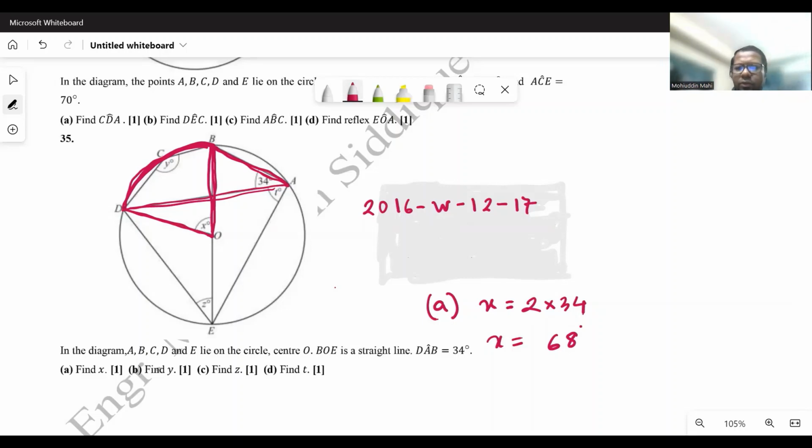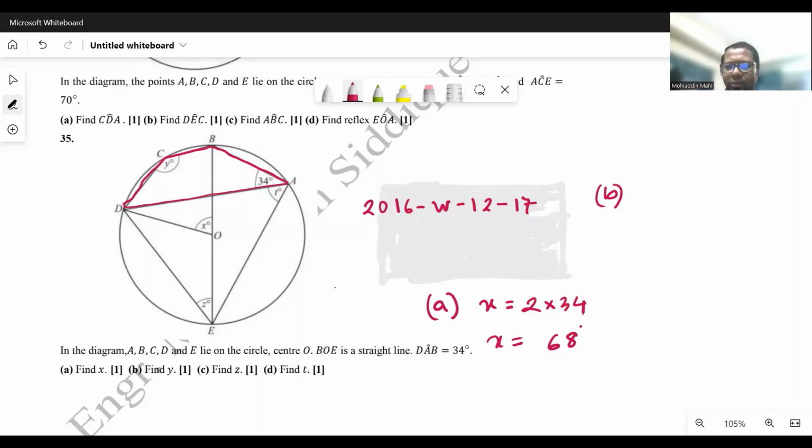Then we have to find out the value of y. For finding out the value of y, look at here, ABCD is a cyclic quadrilateral. I have explained what a cyclic quadrilateral is in the first question in this video, but I'm repeating again: when all 4 vertices of a quadrilateral stay on the circumference of the circle, that is called a cyclic quadrilateral.